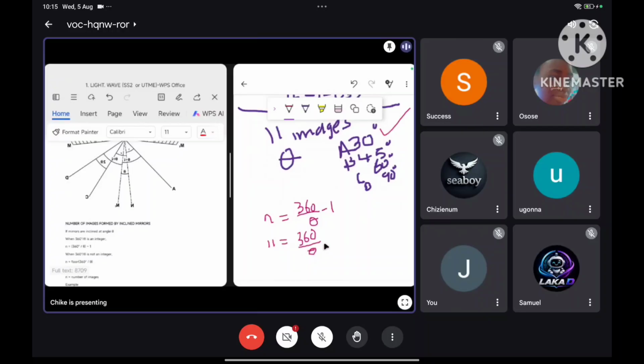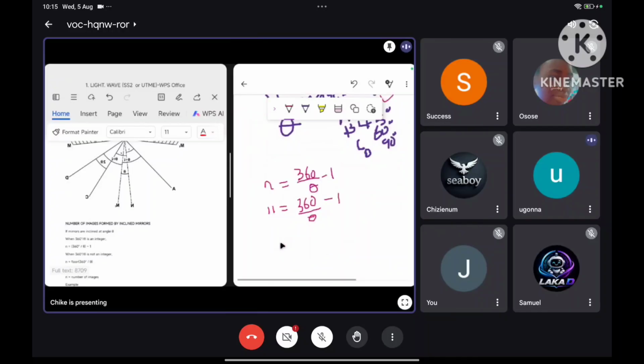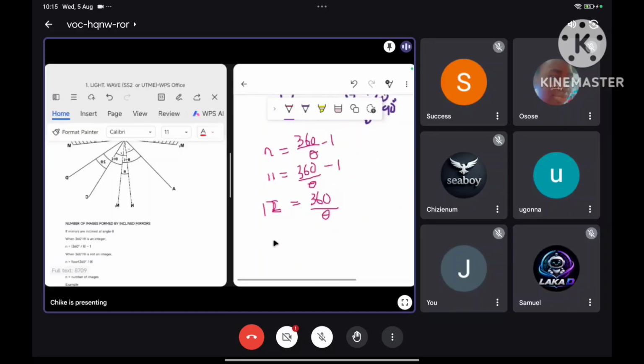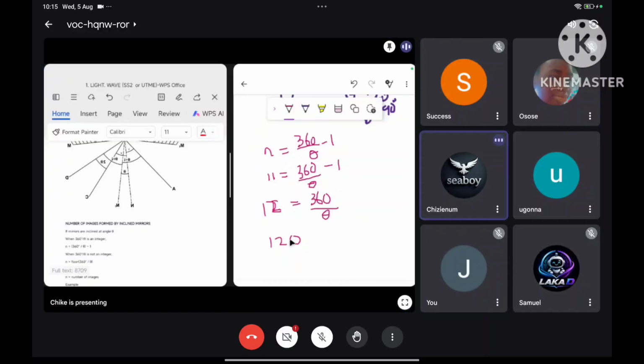So I have 360 over whatever the angle of inclination is, which I don't know. I call it theta, minus 1. So when minus 1 moves over, I have 11 plus 1, which is 12. 12 is equal to 360 over theta, and then cross multiplying, 12 times theta is equal to 360.